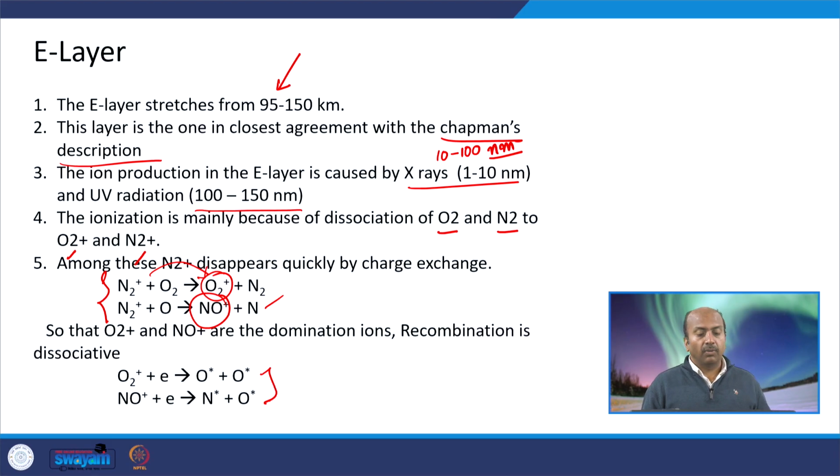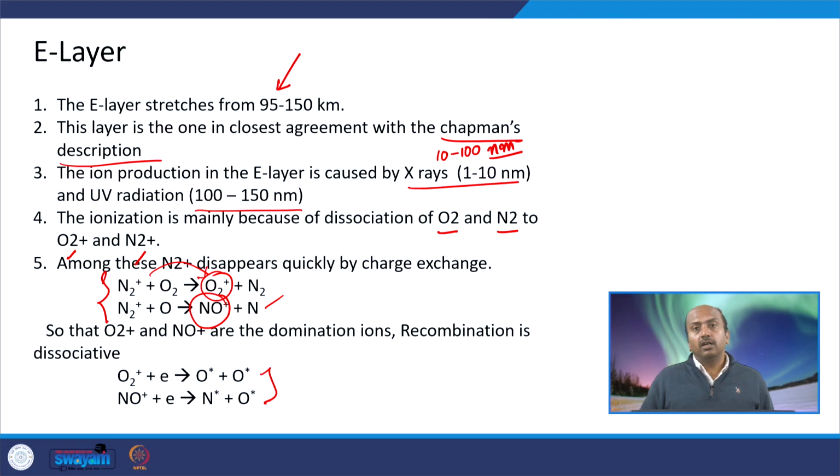Now, what are the basic features? The E layer stretches from 95 to 150 kilometers. This layer is very close in agreement with Chapman's description of ionospheric layers, and it is formed by 1 to 10 nanometers of X radiation and 100 to 150 nanometers of far ultraviolet radiation.